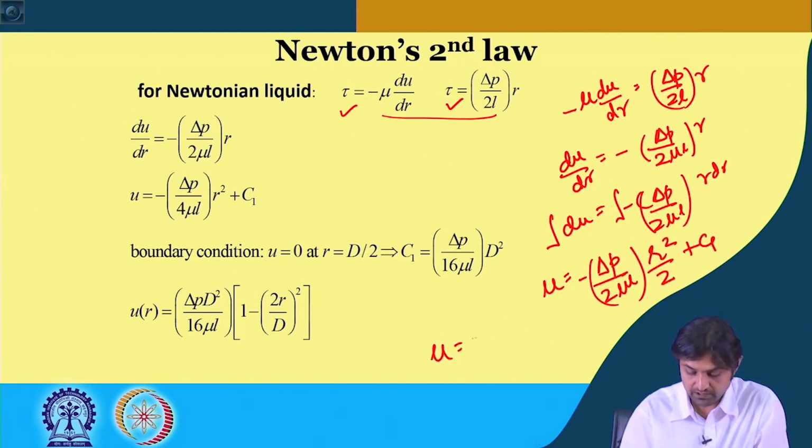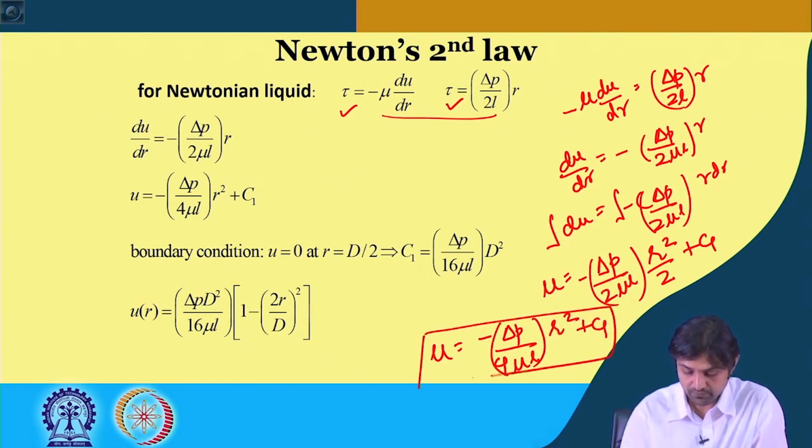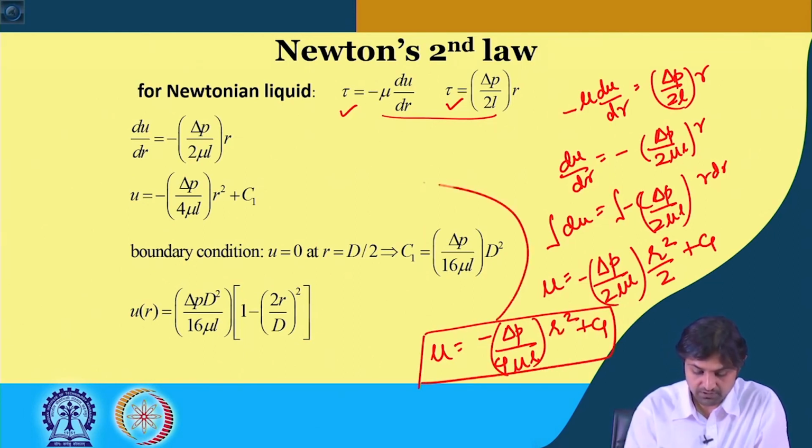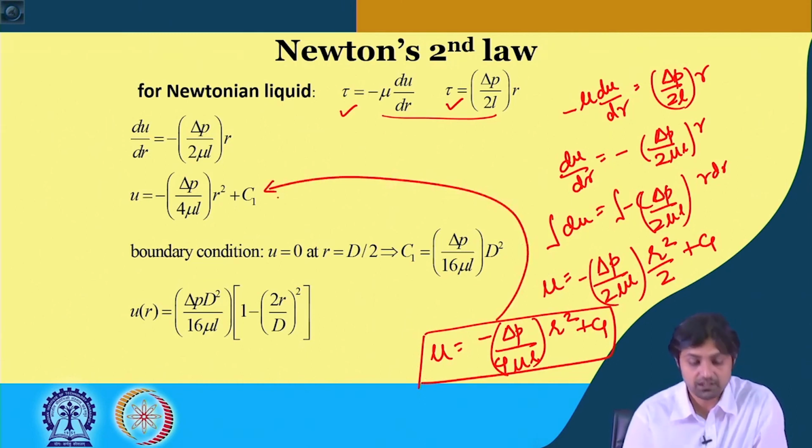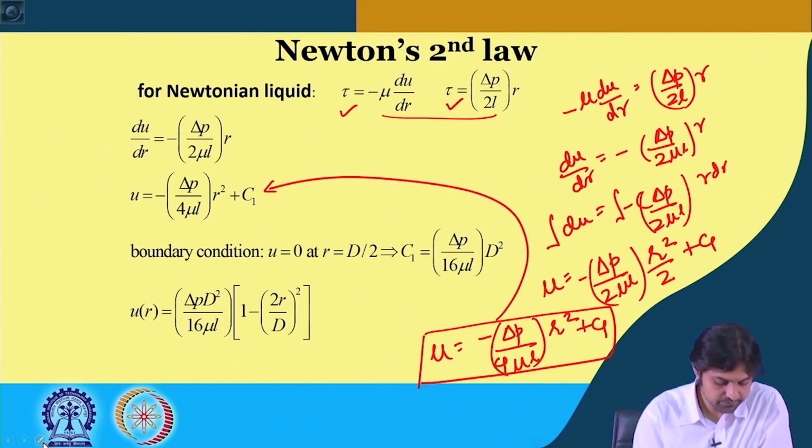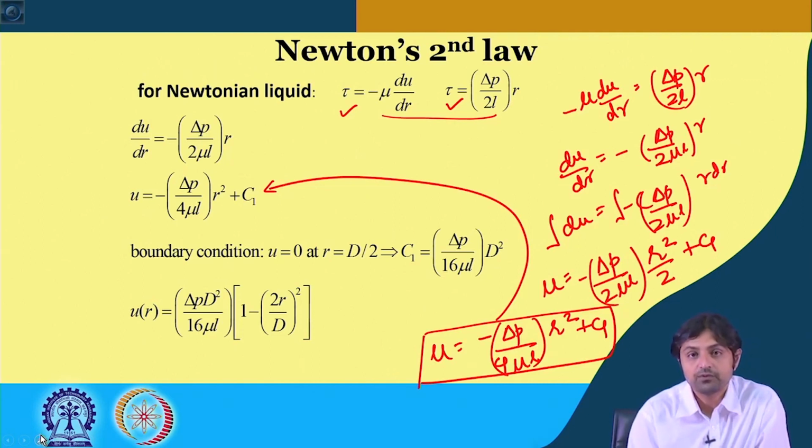Finally, it can be written as minus delta P by 4 mu L r square plus C1, and this is the same thing that we have written here. If you can follow this.